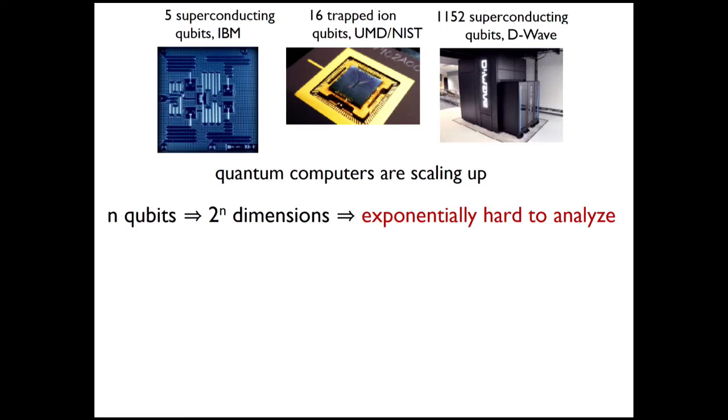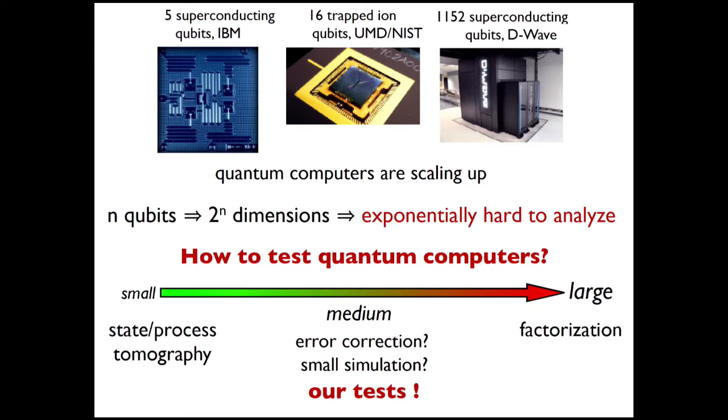Given such an enormously complicated system, how can we hope to understand it? And what kind of tests should be run to verify its behavior in an efficient manner? Turns out that the answer to this problem is not trivial. Small-scale quantum computers are relatively easy to test. You can simulate them on a classical computer, or you can perform state or process tomography.